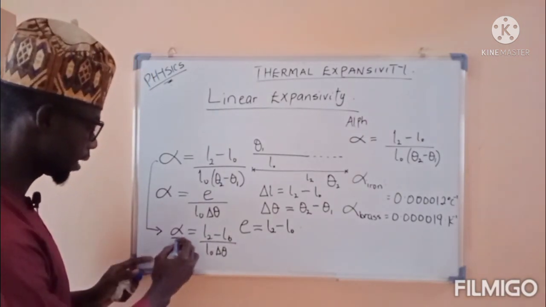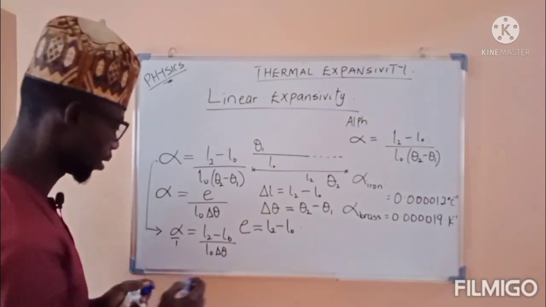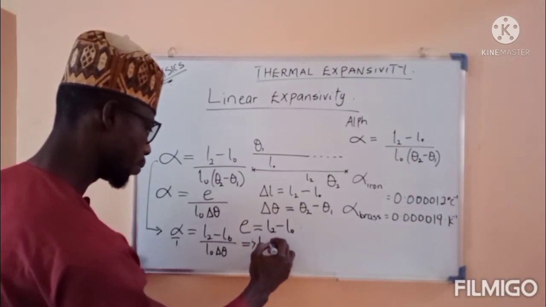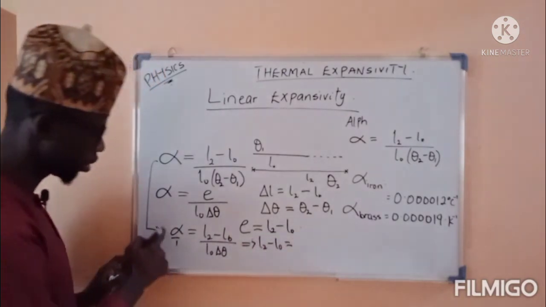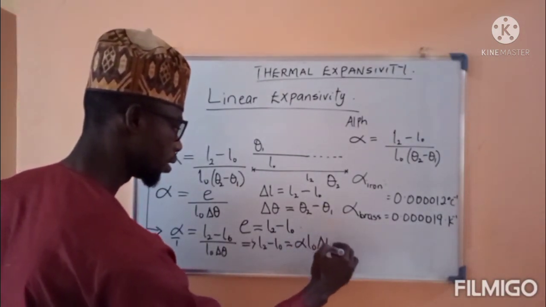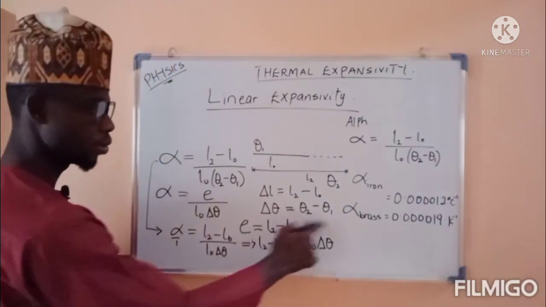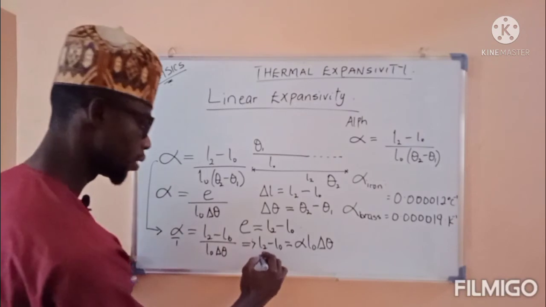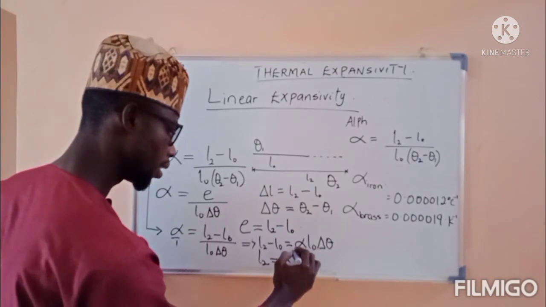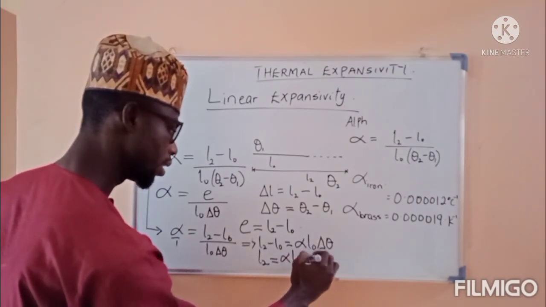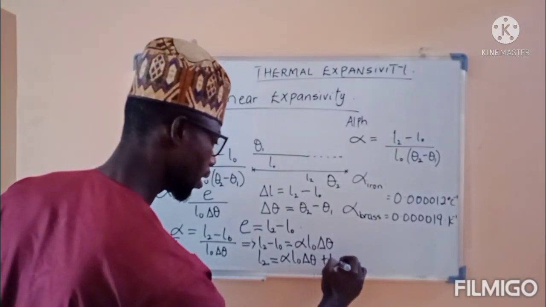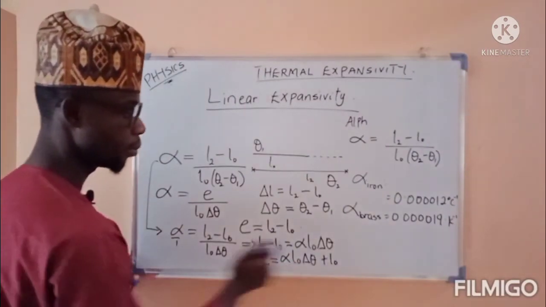So if I cross multiply, I'll have L2 minus L naught is equal to alpha L naught change in theta. When this one goes to the other side, it will become positive. So I have L2 is equal to alpha L naught change in theta plus L naught.